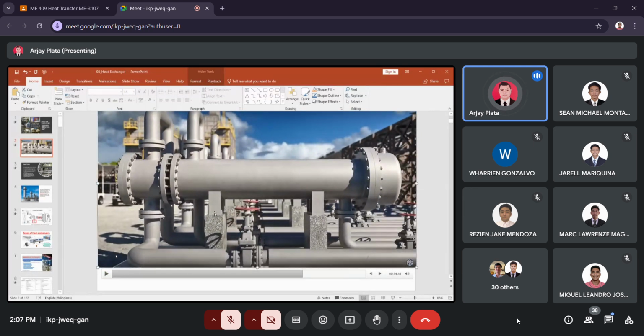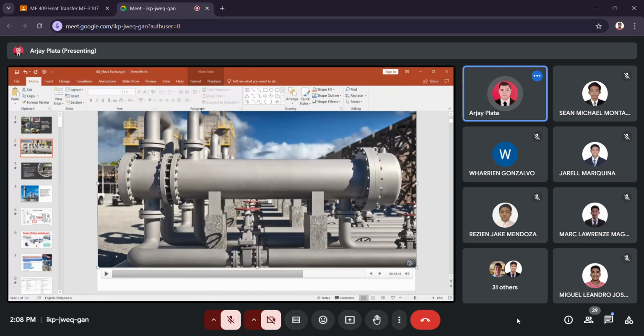Okay, so these are the basic parts. So we have here the shell, and inside it is the tube. So that's why it is called a shell and tube. So it is supported by a saddle here on the left and the right, then by a foundation. So there are control valves that regulate the flow of fluid.